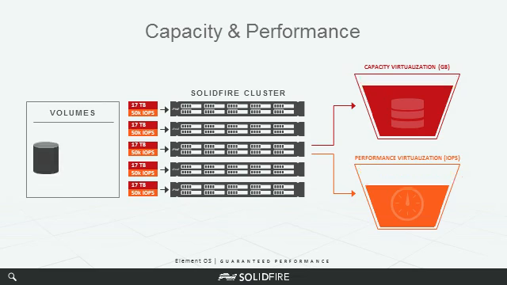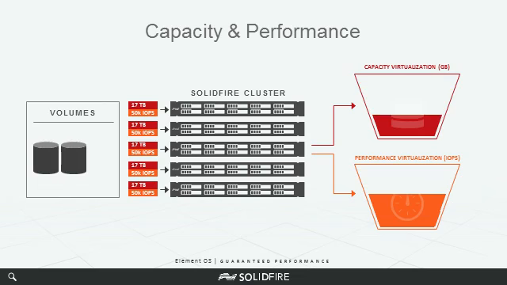And now, as I go through and provision volumes, all I'm doing is taking the amount of capacity and performance that I need out of those pools and allocating it to a specific volume. When I allocate another volume, I pull more out. I allocate another volume, I pull more out. When I want to put more performance or more capacity back into the pools, I simply add another node in.